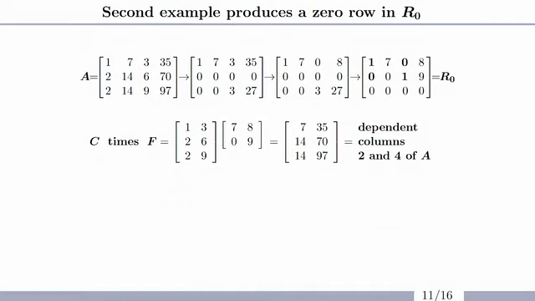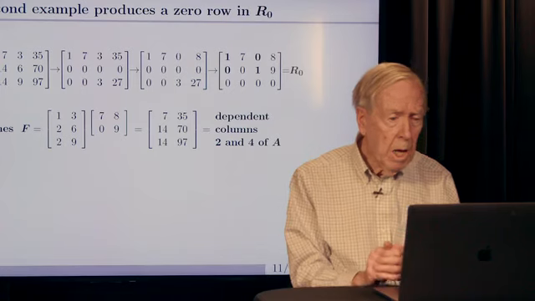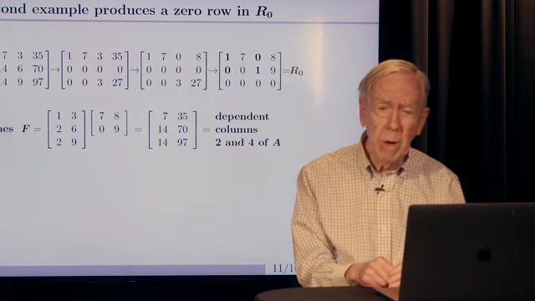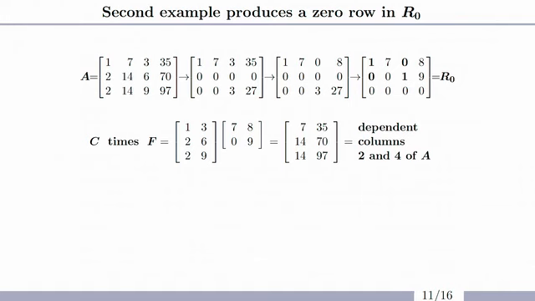And you see what we've done is, we started with columns 1 and 3. So that's our matrix C. Those are the two independent columns. How do I know? Where did C come from? Because that's part of this search. Where are the independent columns?